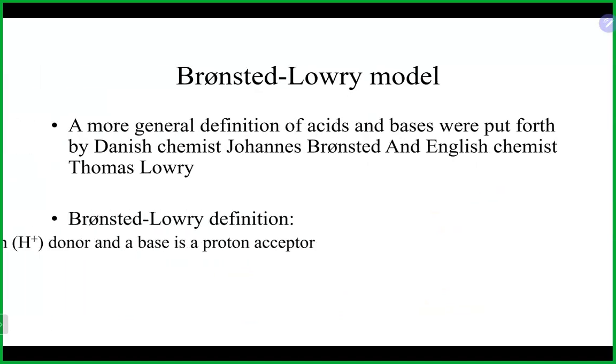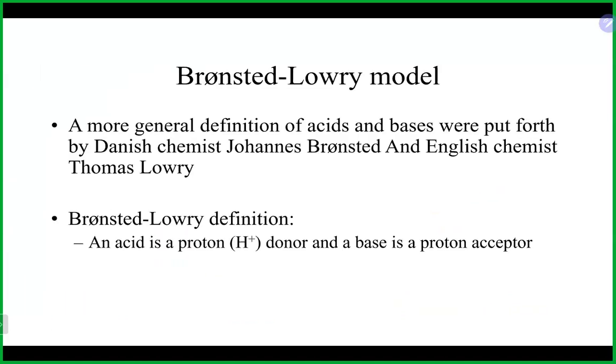So when we talk about acids and bases, we oftentimes talk about it in terms of what's referred to as the Bronsted-Lowry definition of an acid and base. And a Bronsted-Lowry definition of an acid and base is that an acid is a proton donor. So if you have something that's an acid, it will donate a proton, basically give it away.